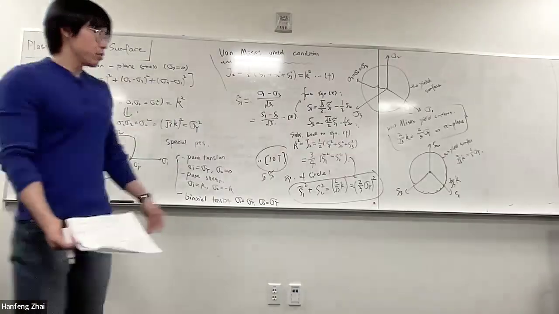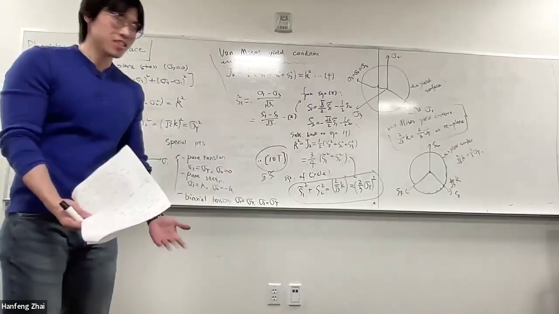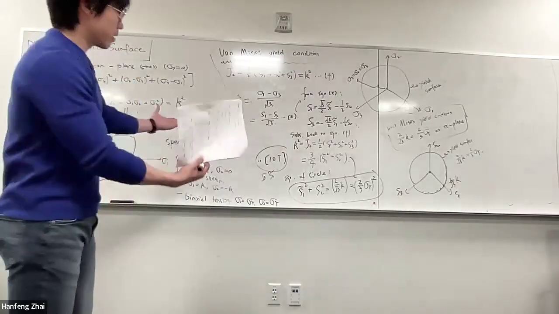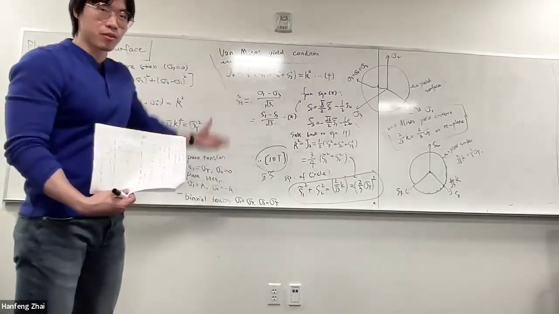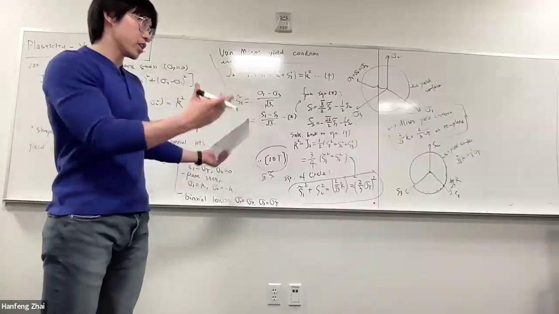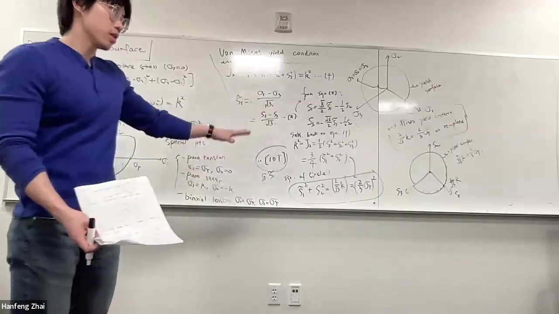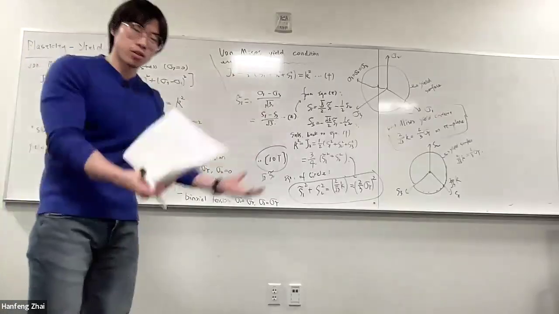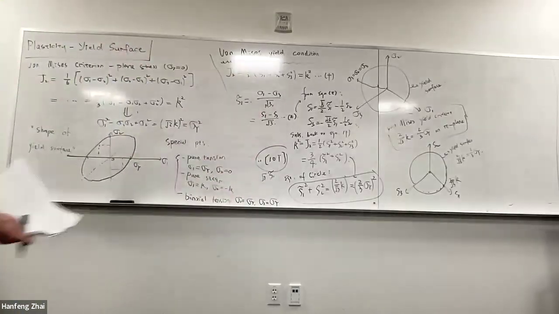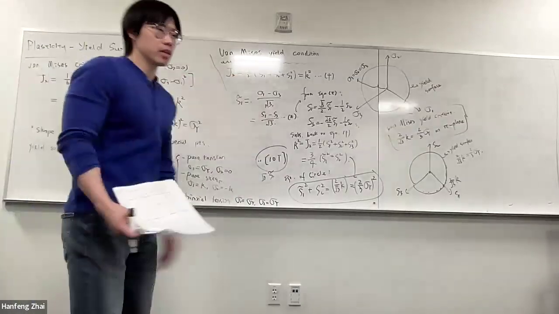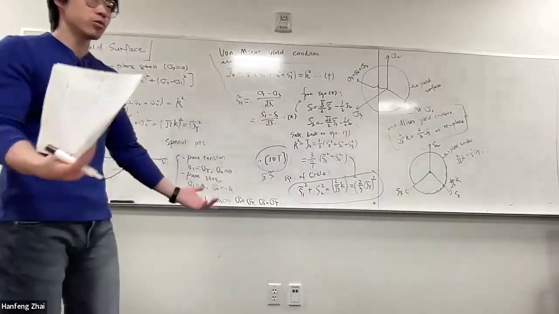Nice. So we finished the Mises yield criteria. We first derived it based on the definition in 3D, and then we sketched what it looks like on the pi plane projection. It looks like a circle, and then we derived what the Mises yield criteria looks like in 2D under the plane stress assumption.